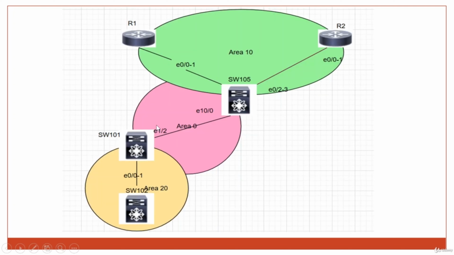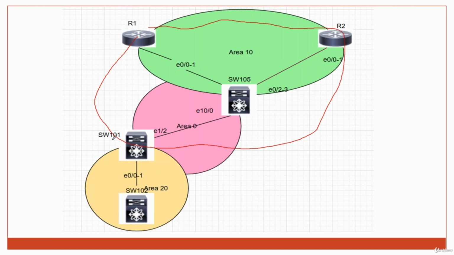In this first lab, just to start with, we will initiate the OSPF process. So let me show you this. Although we have this master lab topology, as per our requirement we will use only part of it. So what does it mean? We'll make these devices, for example R1, R2, and switch 101, part of area 0 at the moment.